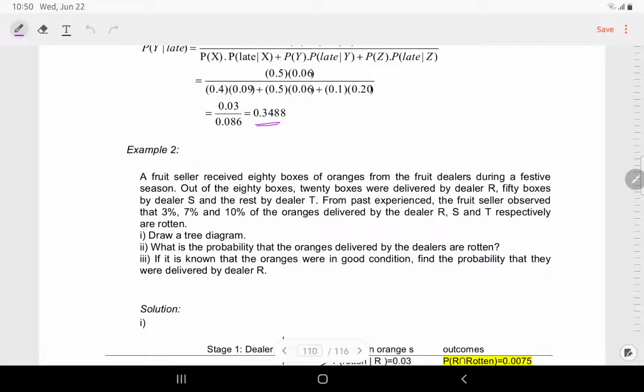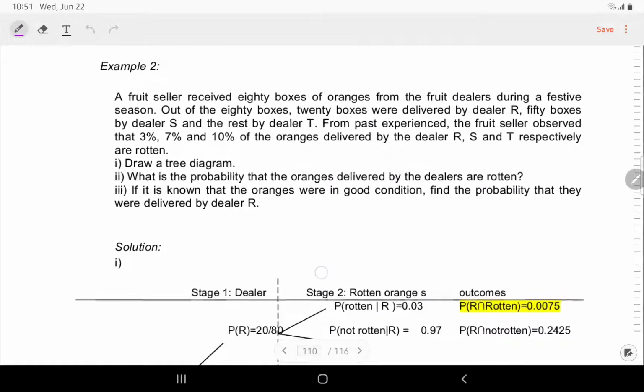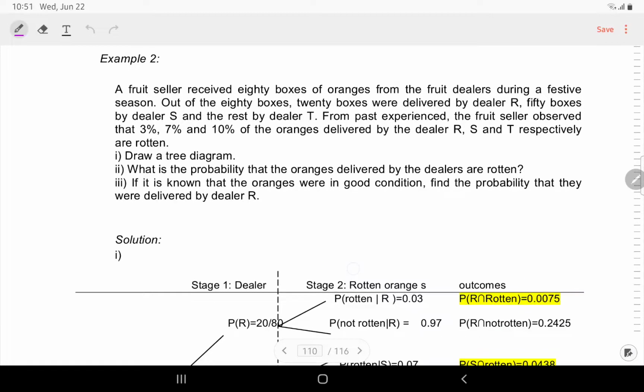Okay, let's look at example 2. A fruit seller received 80 boxes of orange from the fruit dealers during a festive season.